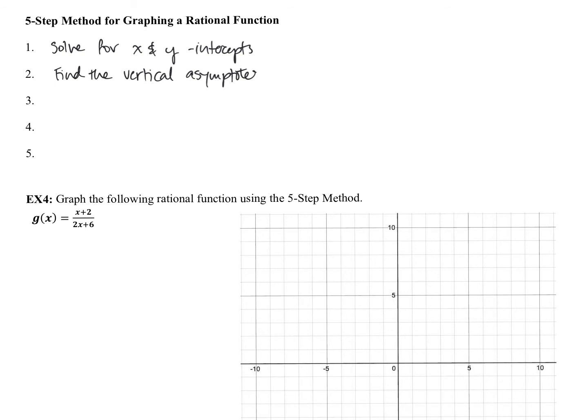We have the horizontal asymptote, which is similar to the vertical asymptote, but it comes from a slightly different method of finding it, which we do with long division.